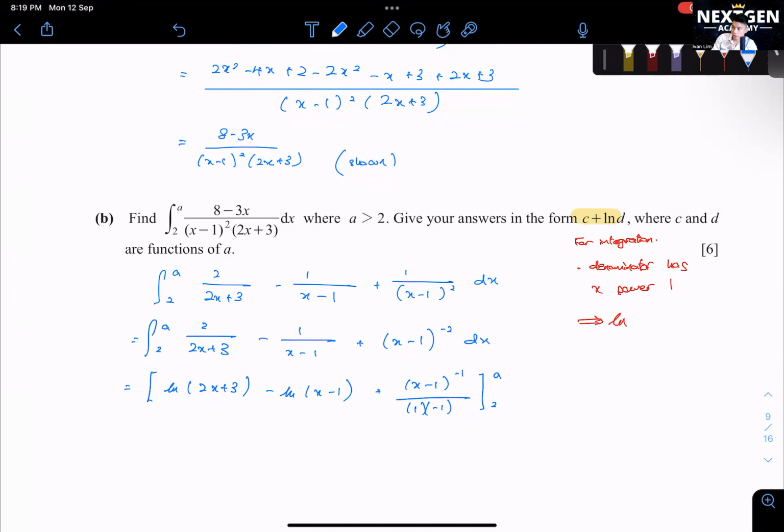We write it nicely. This will be ln 2x plus 3 minus ln x minus 1 minus 1 over x minus 1. You do until here, you get 3 marks already, for the terms being correct.